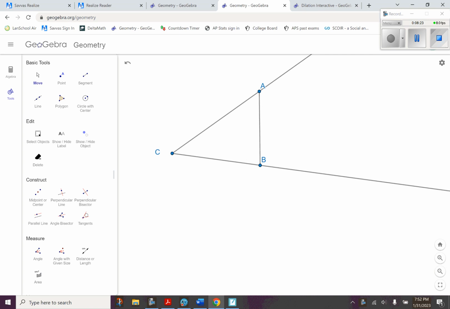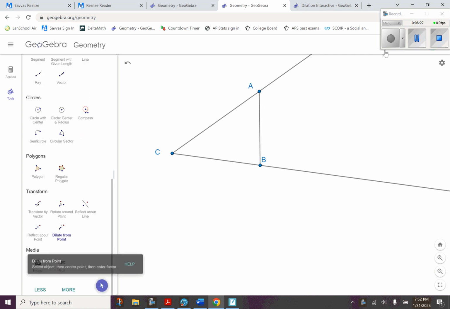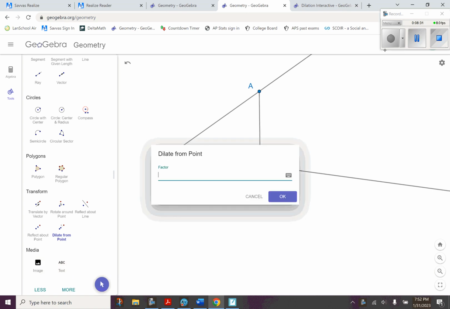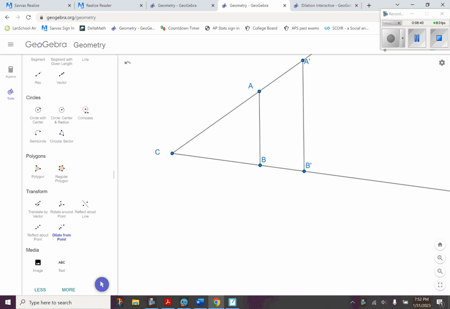Now you will notice what happens if I try a dilation of segment AB from point C with a factor of, I don't know, let's try 1.5 this time. Point C, point A, and point A prime are all collinear. The same thing with the center, point B, and point B prime.